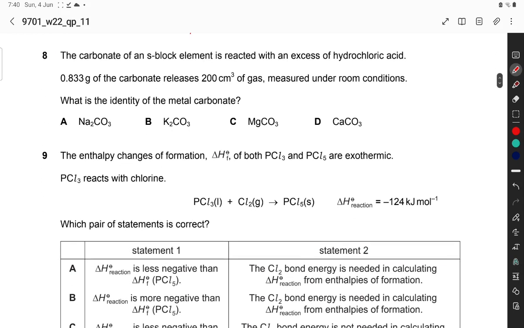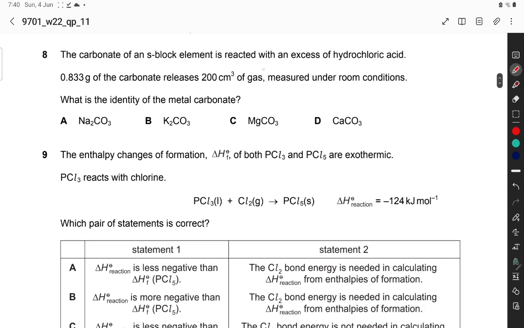Question number 8, the carbonate of an S block element is reacted with an excess of hydrochloric acid. 0.833 gram of the carbonate releases 200 centimeter cube of gas measured under room conditions.